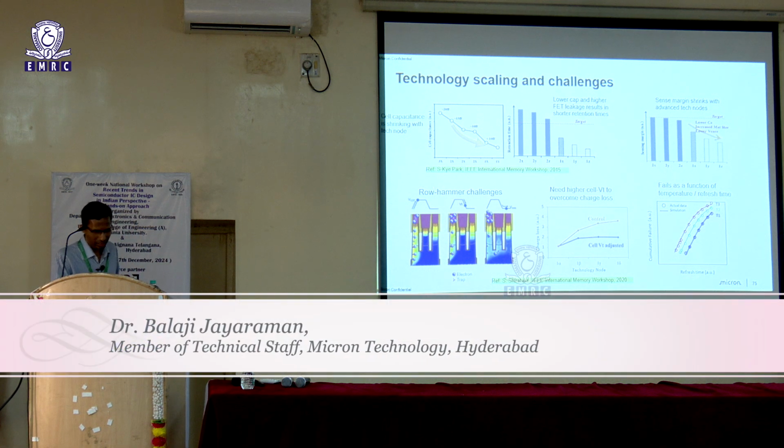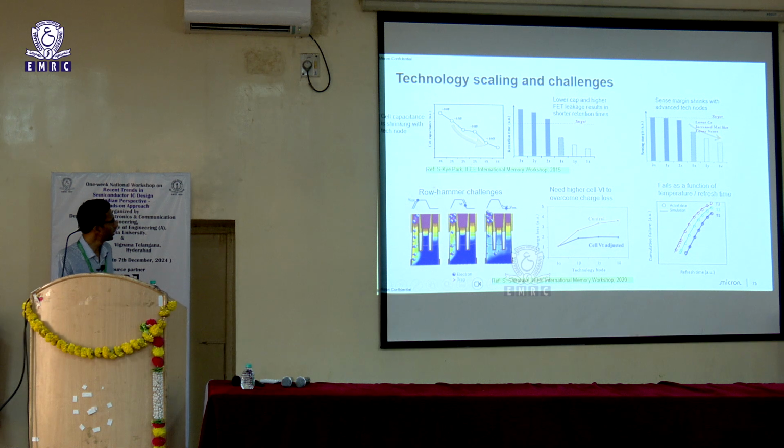So in the DRAM world, these are the different technology nodes that we are traversing, and we are currently at 1 alpha or 1 beta node, and 1 gamma is what will be next, right? So with technology, you start shrinking the dimensions. So that is what is done in conventional CMOS world as well. So when you progress from 65 nanometer to 45 nanometer, all your gate lengths would shrink. And same is true here as well.